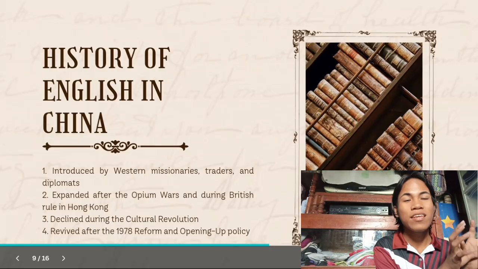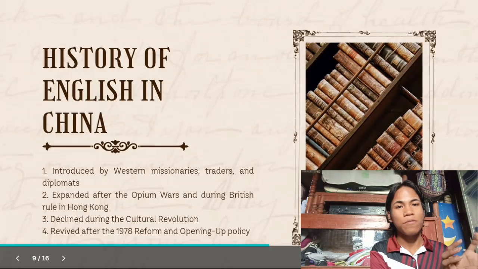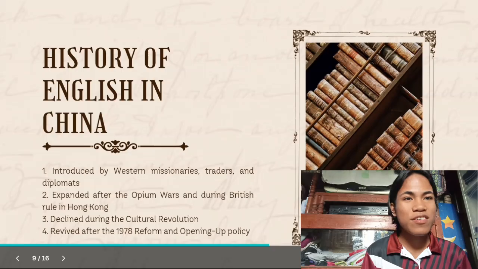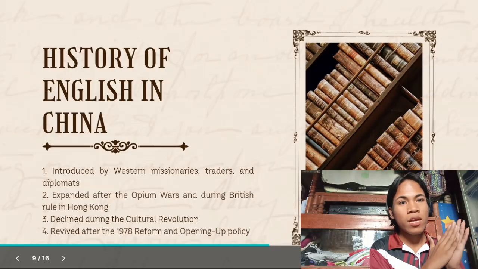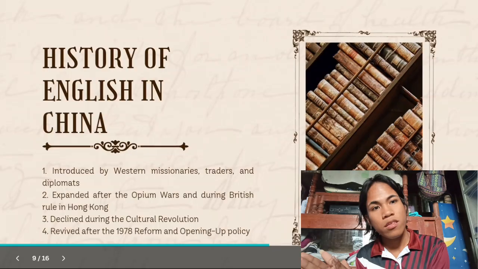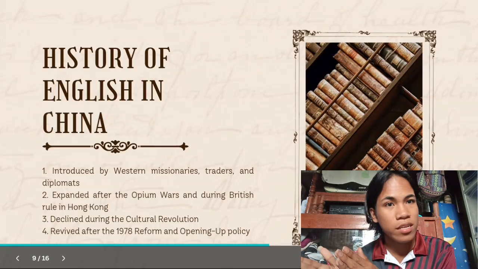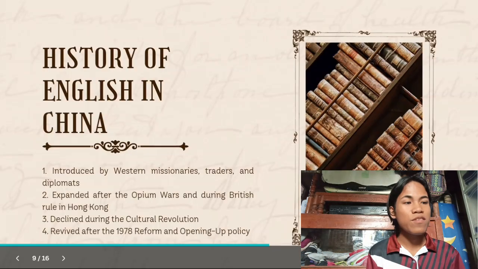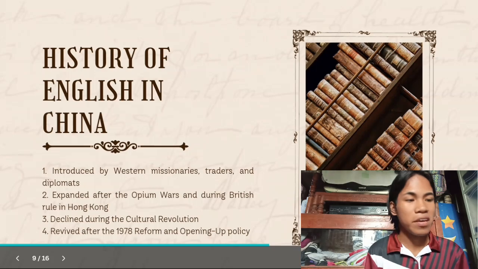But we are pertaining to Chinese peoples right now. So the interaction between the Chinese people and the foreign English speakers expanded, which means they were required to speak in English.